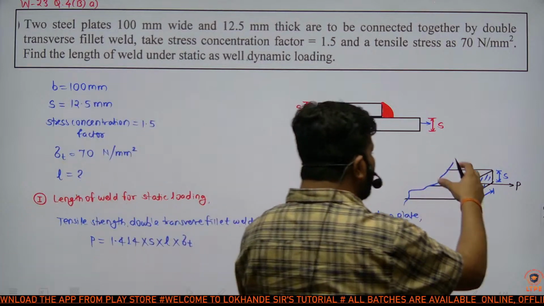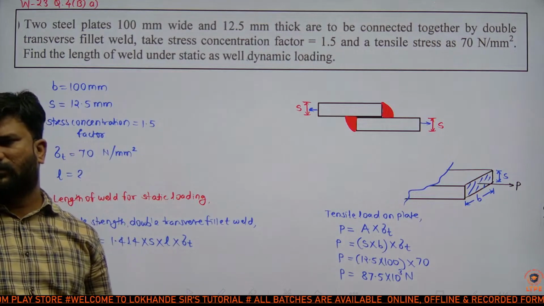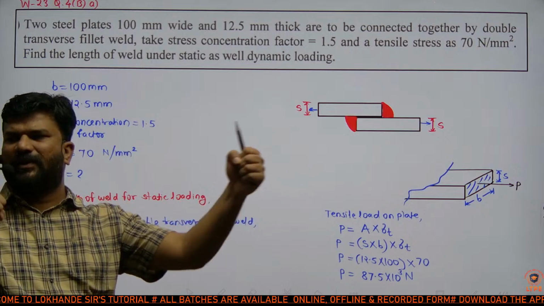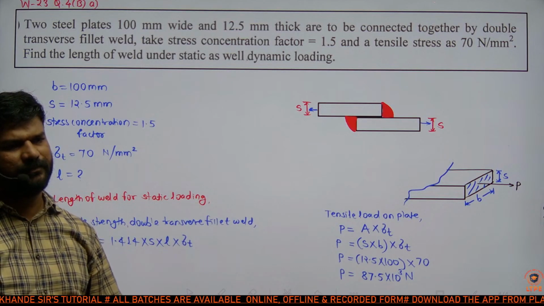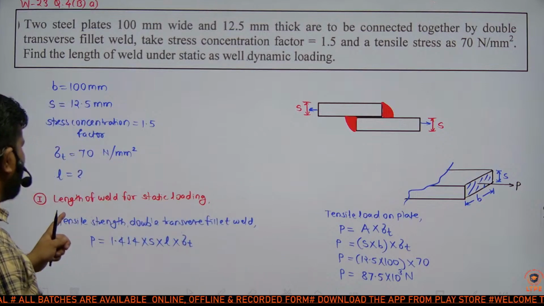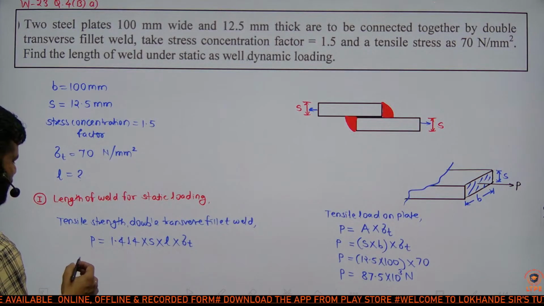The same load is present on the joint also. The load on the plate is equal to the tensile strength of the weld, that is, the tensile load present on the weld.